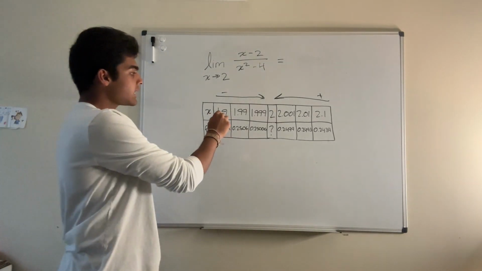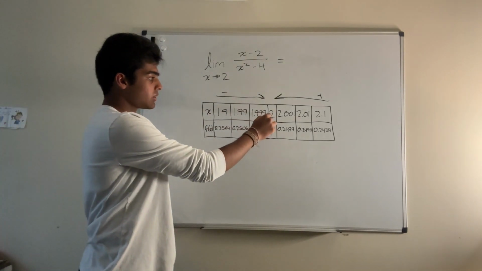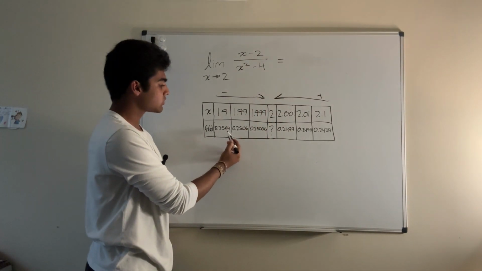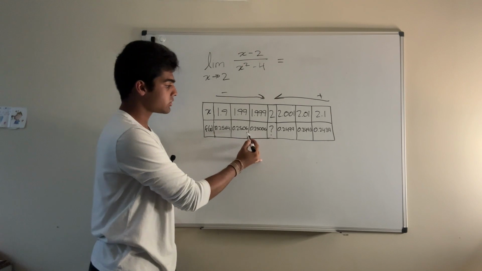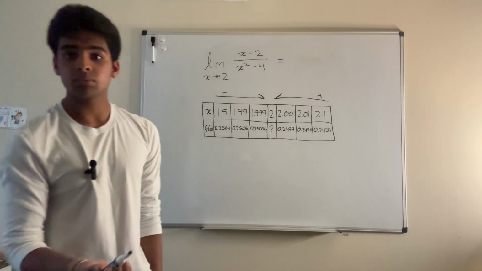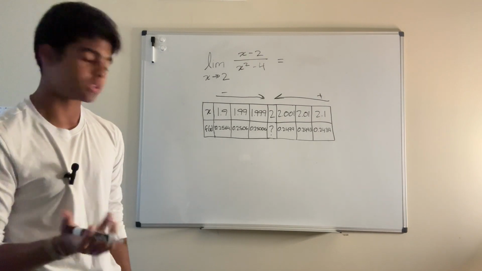Now we can see that as x gets closer and closer to 2 from the negative side, these values 0.2564, 0.2506, and 0.25006, they seem to be getting closer to 0.25.